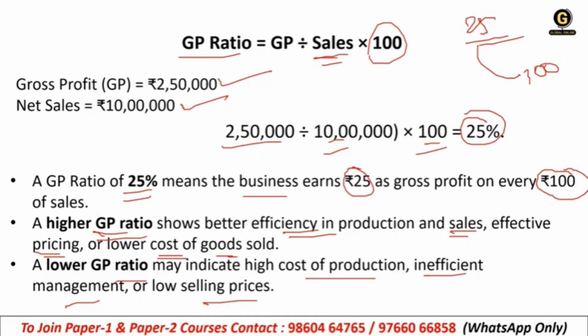If the GP ratio is higher, the company is working efficiently, producing goods well, and the selling price is also good. If the GP ratio is lower, the company is not efficiently handling its production or sales. If the sales are not good, your GP ratio is not good. Clear?